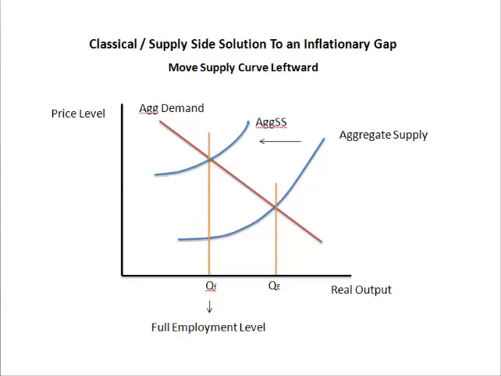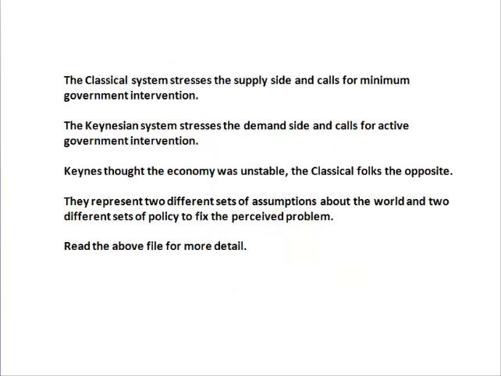Now let's see what the classical solution is, you can probably already figure what it would be. You move the aggregate supply curve to the left to where it intersects with the aggregate demand curve at the full employment level. So what we see, the classical system stresses the supply side and calls for minimum government intervention. The Keynesian system stresses the demand side and looks for active government intervention.